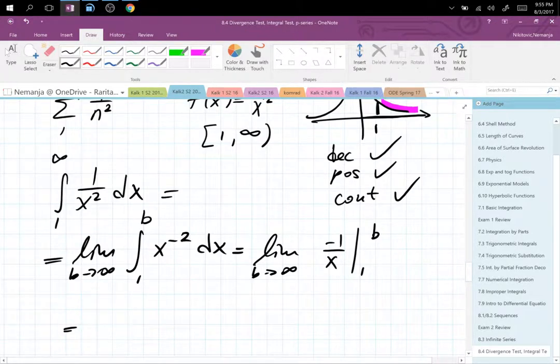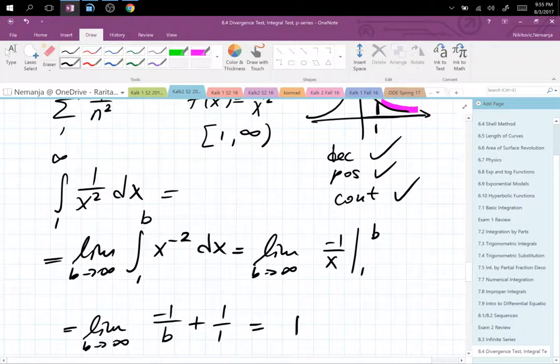That is the limit as b goes to infinity of negative 1 over b minus, and minus makes a plus, 1 over 1, and we get 1 in this case. 1 over b would be 1 over infinity, which is 0. 0 plus 1 is 1. So the integral converges.